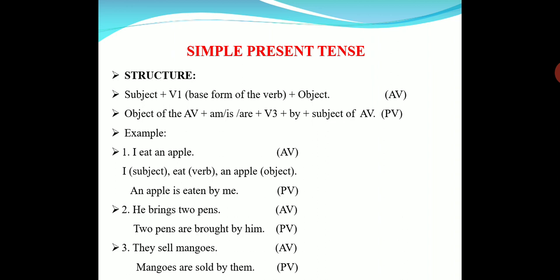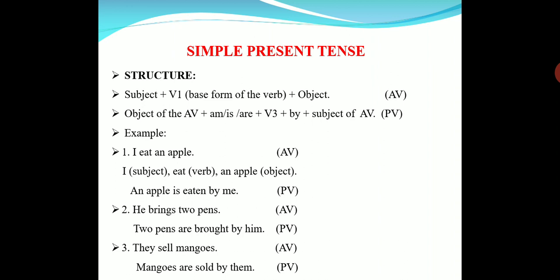Now let us see the structure of simple present tense. What is the structure? Subject plus V1. V1, all of you know, is the base form of the verb, plus object. That is the structure of simple present tense in active voice, where the subject is active.